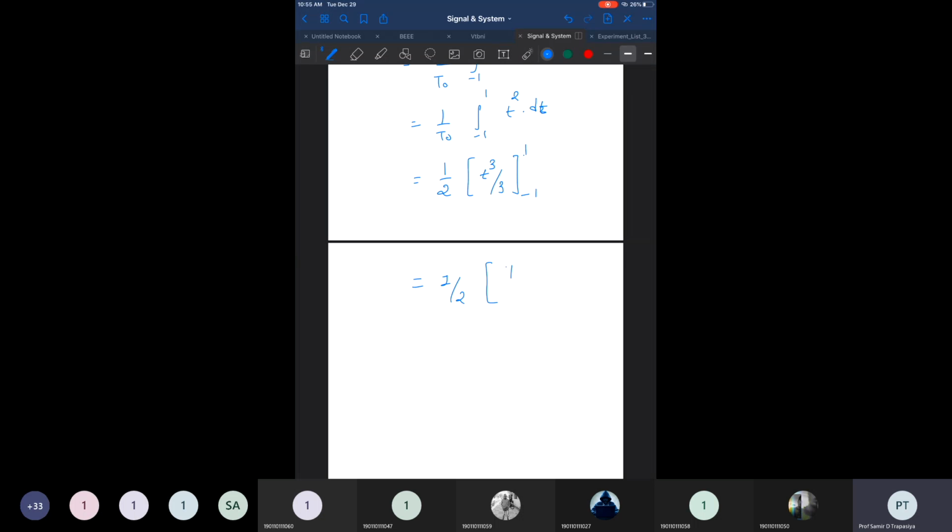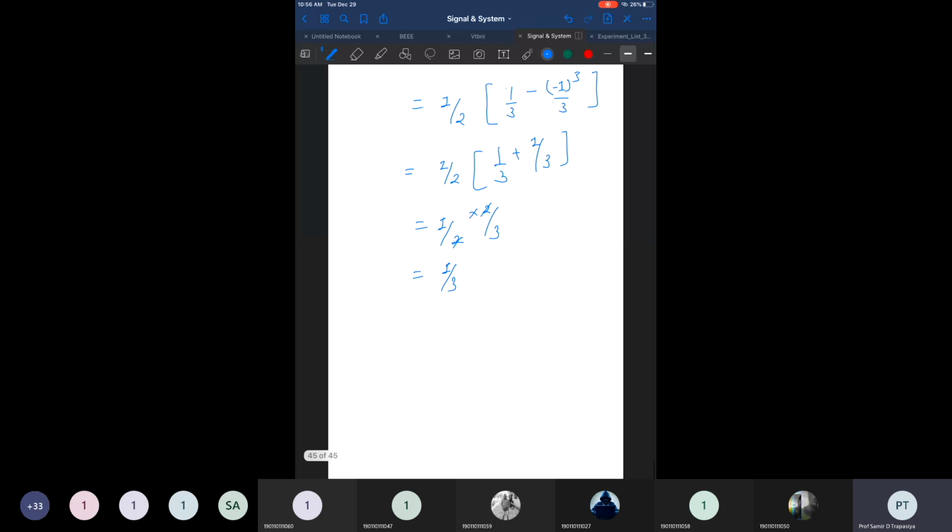First we apply this limit 1, so 1 by 3 minus 1 by minus 1 q, right? So if we apply this limit, that becomes minus 1 q by 3, right? So if you solve this equation, it's 1 by 2, 1 by 3 plus 1 by 3. 1 by 2 is common, and if you cancel out the common terms, it is 1 by 3.